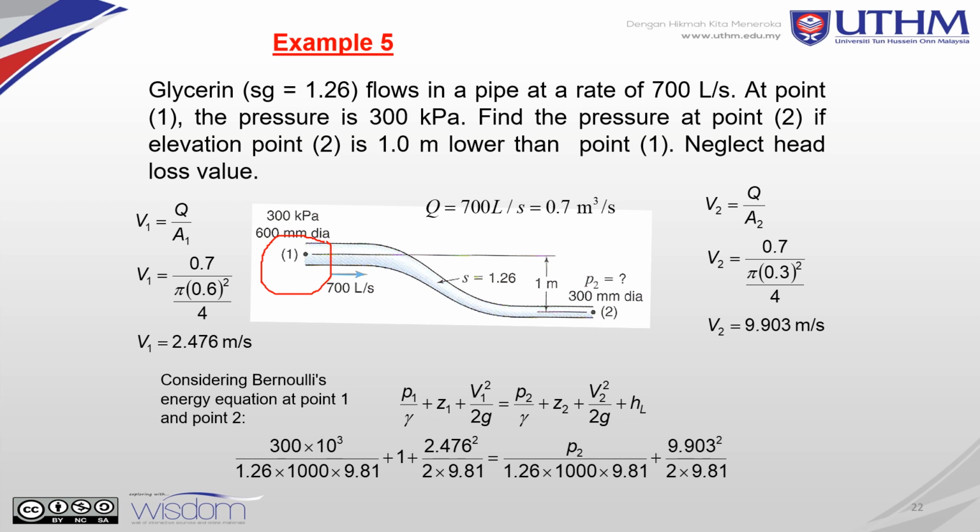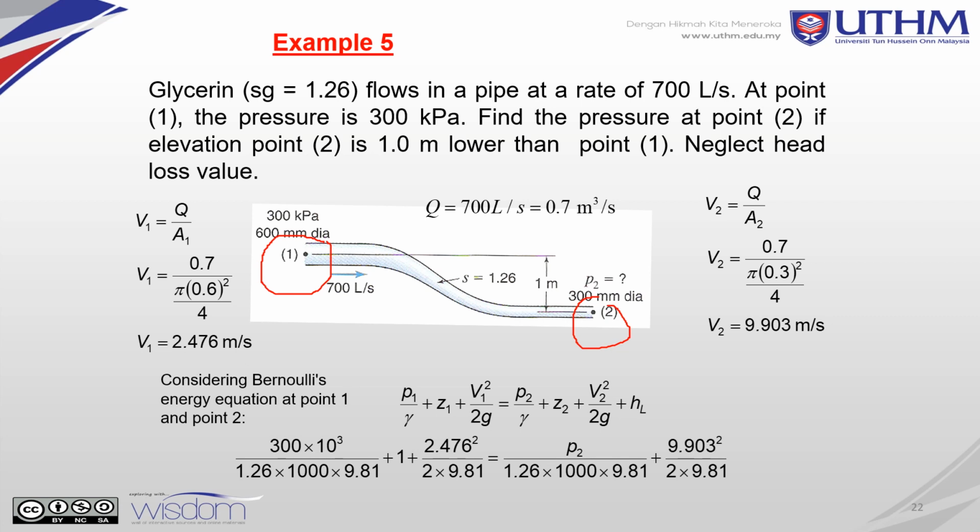Find the pressure at point 2 here, if the elevation at point 2 is 1 meter higher than point 1. Neglect head loss.